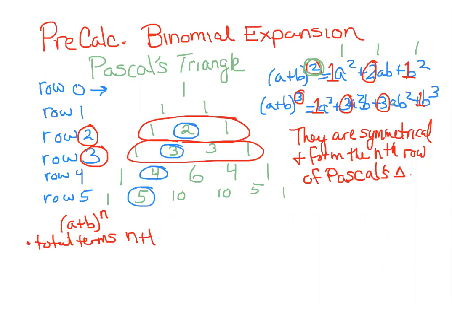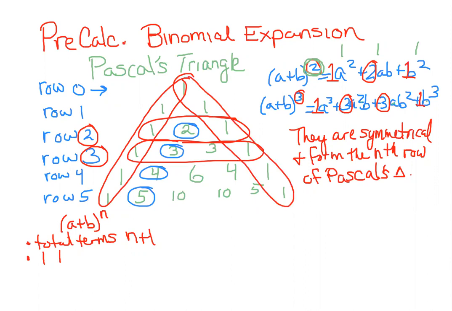There's always one more term. Okay, the next one, the first term is 1, and the last term is 1 because of these 1s in Pascal's triangle. Okay, the next thing is the exponent of a decreases by 1 from left to right.